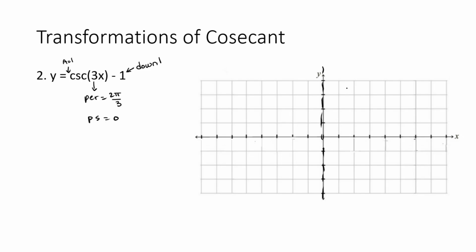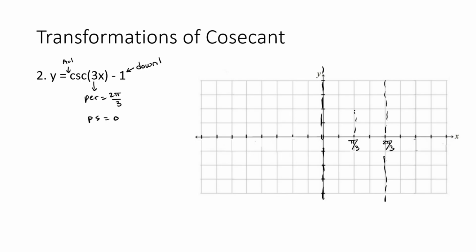Okay. I'm going to go 2 pi thirds, so I'll mark these in thirds. Actually, you know what? I'm going to spread it out just a little bit. Remember, we can mark our grids however we want. So this will be pi thirds, this will be 2 pi thirds. So the end will be another asymptote.